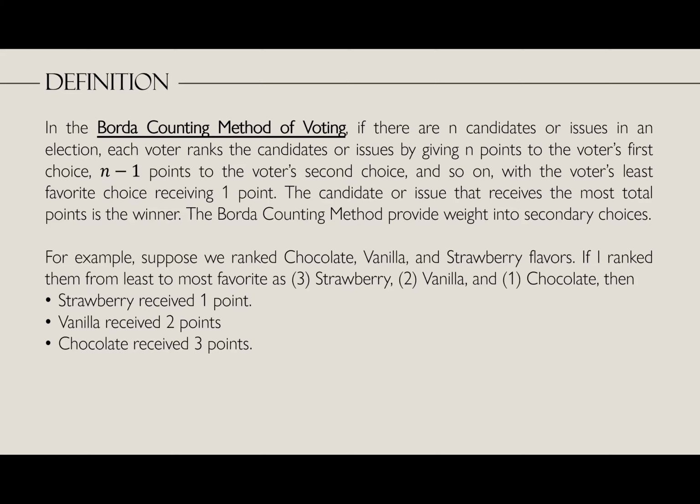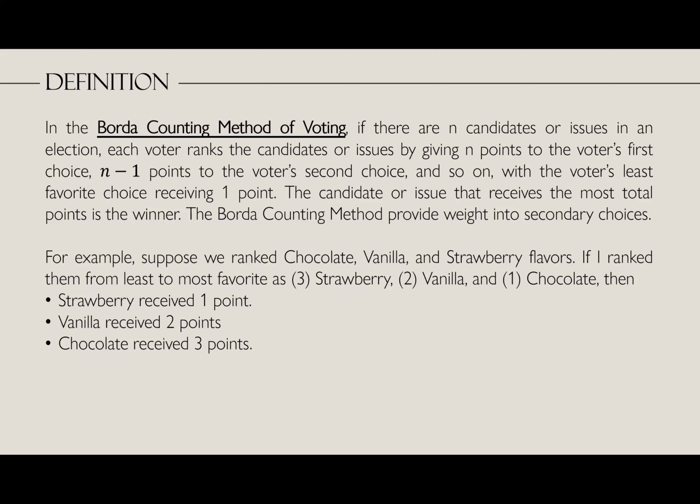This method of voting says if I have n candidates, so n is just a number, then I tell each voter, I want you to rank your candidates from your favorite to least favorite. The favorite candidate will get the most amount of points from them, whereas the least favorite, they're still going to get some points, but not that many.